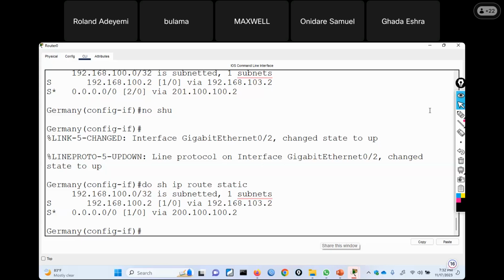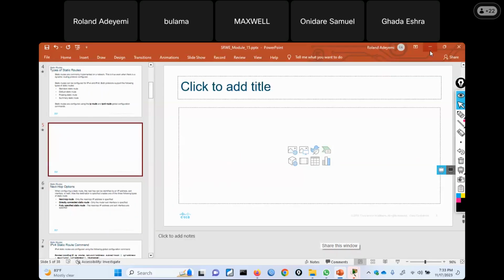It makes no difference. But anytime you have a route that is floating or is on standby, a network you've defined that is on standby, that is the backup connection for you to use. People use this a lot to have a backup service provider, because probably they don't have the same speed for the two service providers. They just want it to be on standby permanently, and that will be all.